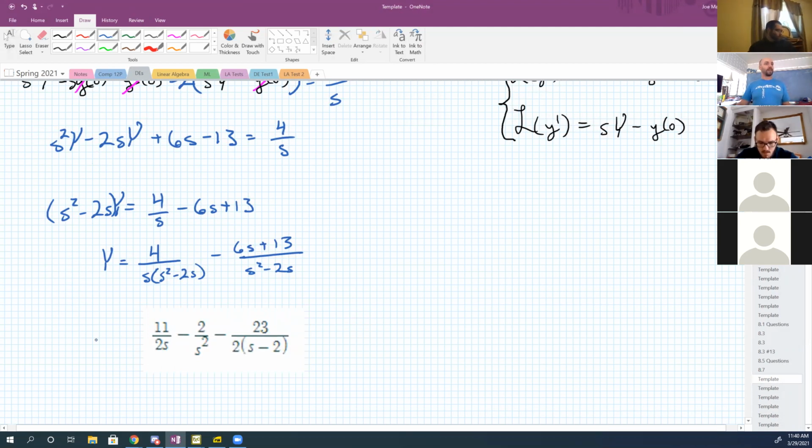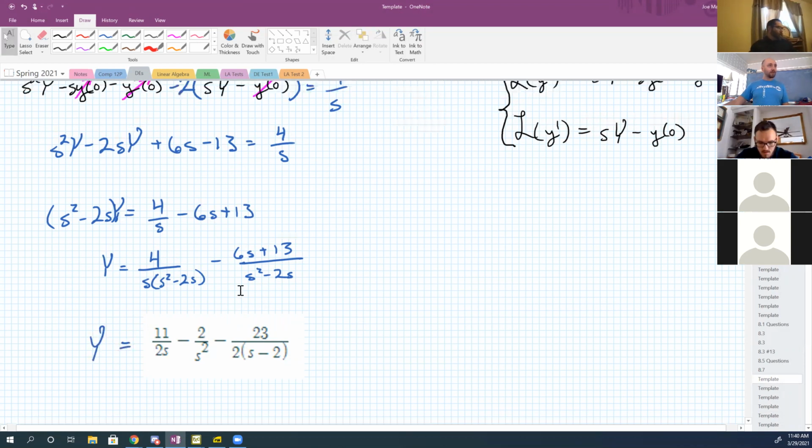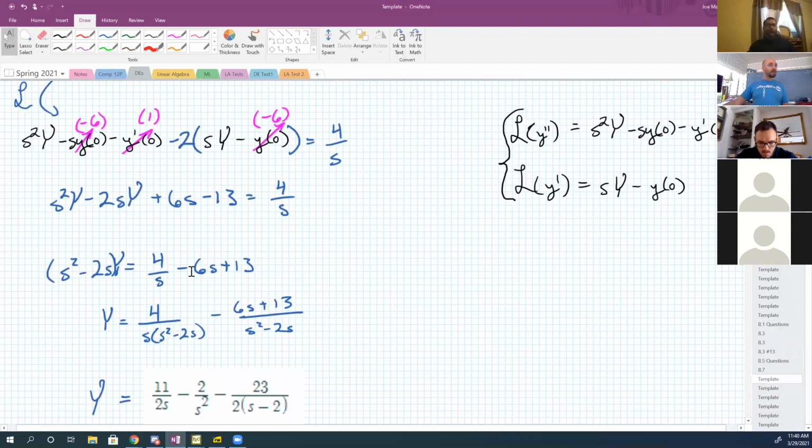Hey, Joe. Yes. Weren't the signs of 6s and 13 supposed to be opposite in the fractional decomposition? You have minus 6s plus 13. Oh, they were. Good. See, I told you that was going to be a problem. Yep, absolutely.